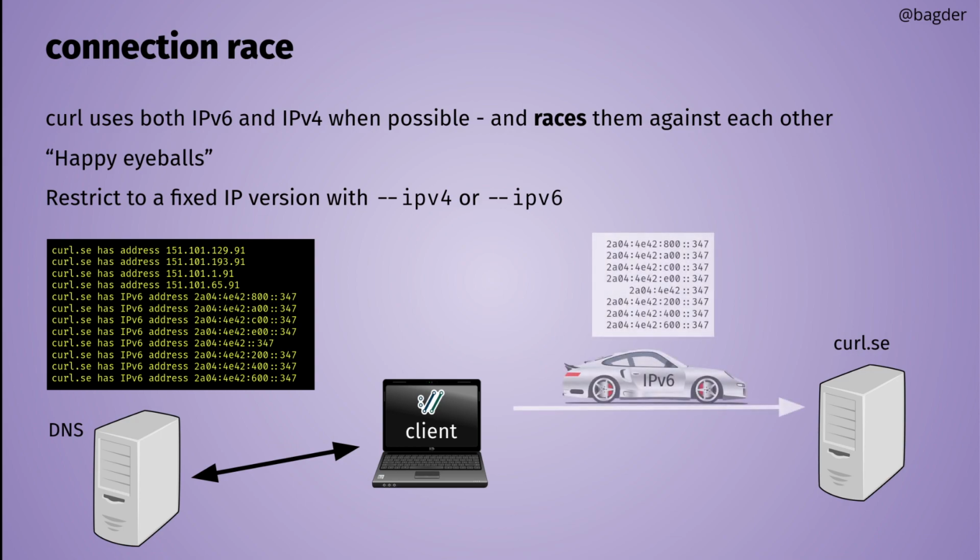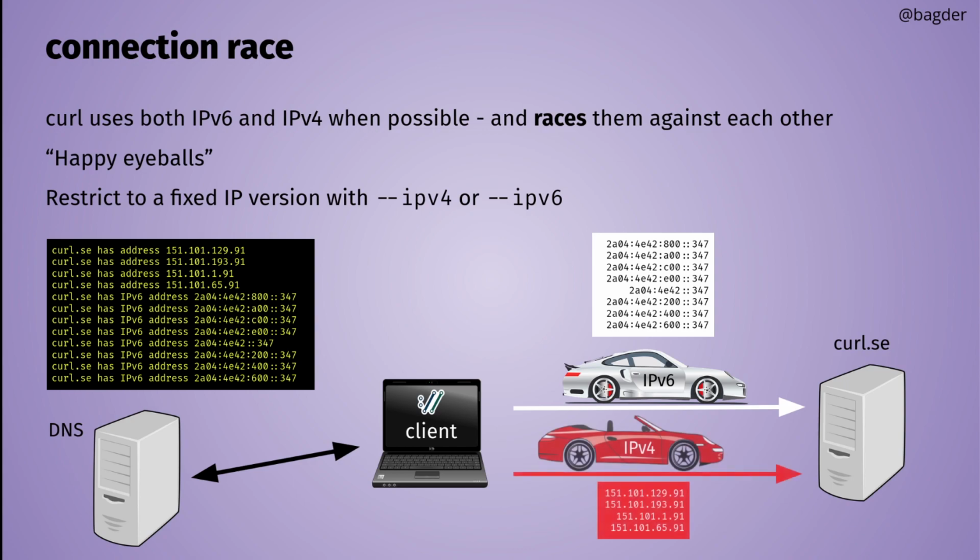Well, first curl will use all the IPv6 addresses, initiate the connection, and iterate through them all. Try the first, then if that fails, try the next, and the next, and the first one that works, it'll be happy with, right? But once it has started this IPv6 connection attempt, it will slightly afterwards start its IPv4 attempt.